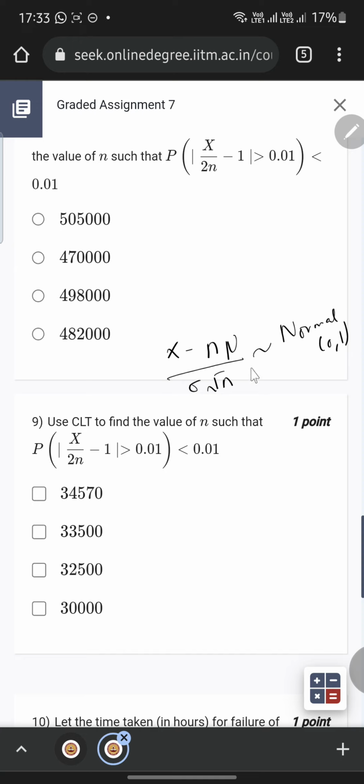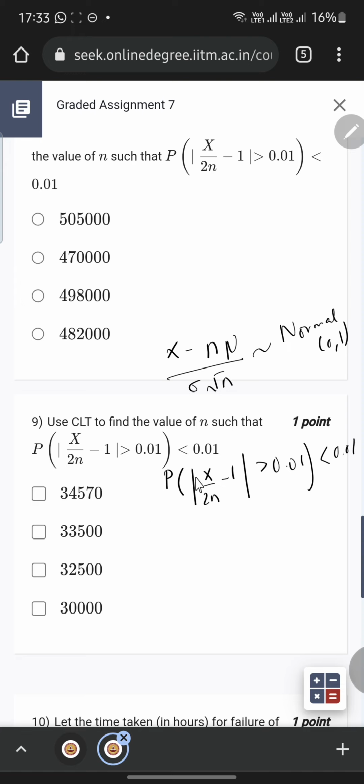Using this, we can say that the probability of |x by 2n minus 1| greater than 0.01 is less than 0.01, right?